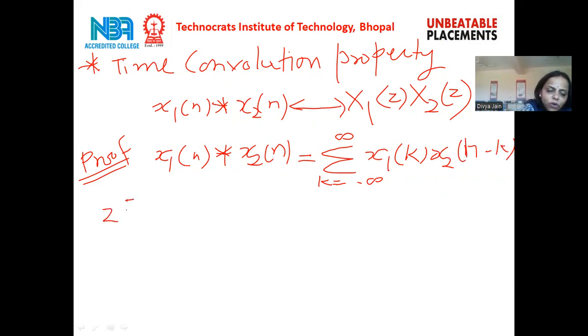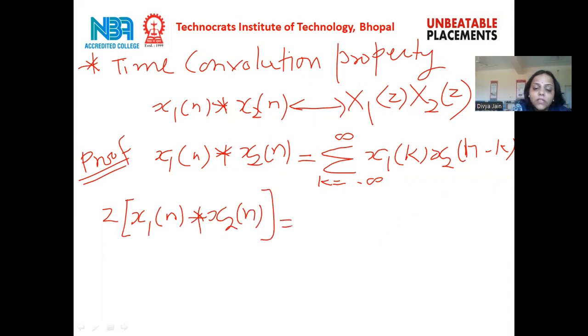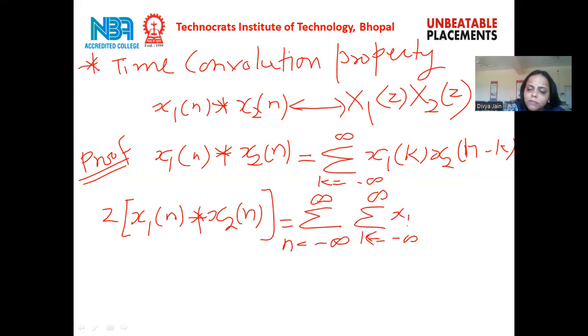So the Z transform of x1[n] in convolution with x2[n] is summation n equals minus infinity to infinity of our input signal, which is the convoluted signal, that is x1[k] x2[n minus k], z to the power minus n.